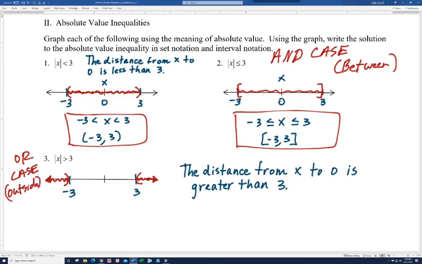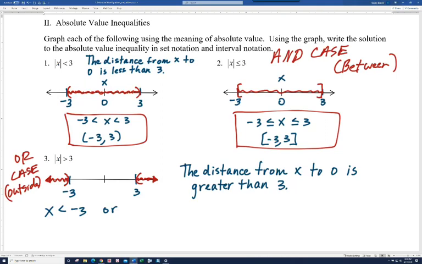All right, so how would I write that? First of all, in set notation, on the left here we have x less than -3, and this is an OR statement. Because this is basically a union, you have the stuff on the left side of the graph and on the right side of the graph. This is all part of our set. It's a union of two sets.